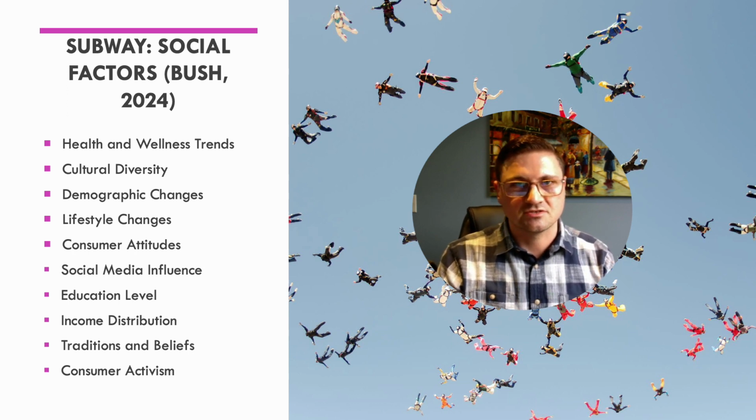Demographic changes, so people age, populations go up, they go down, areas go from country and become urbanized, and family size that can impact the type of foods that we eat and the consumption pattern.